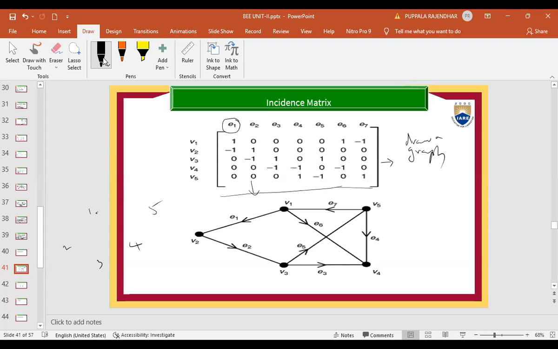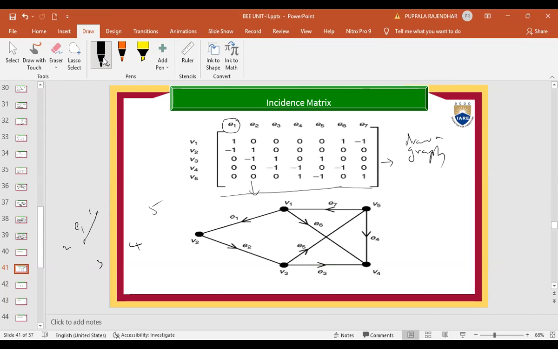Just observe the columns: only +1 and -1, only 2 non-zero entries you will get. It means E1 is connected between node 1 and 2.